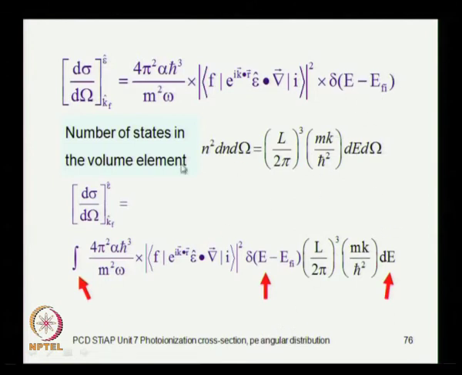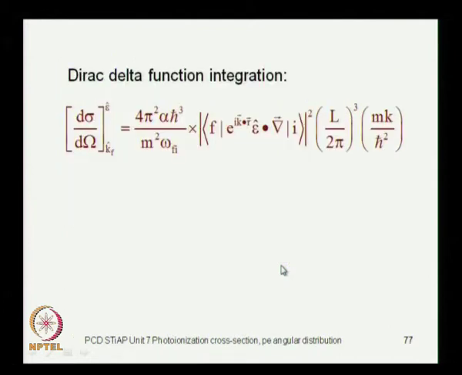This integration is over the energy, and you can carry out this Dirac delta after scaling it by this additional factor. Now you do a Dirac delta integration over this. So, you will get the integrand only for the particular value of E corresponding to E Fi, and that is the only term which will contribute, and that is what you get over here.